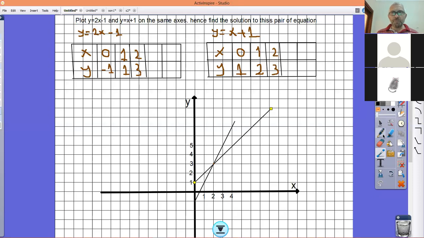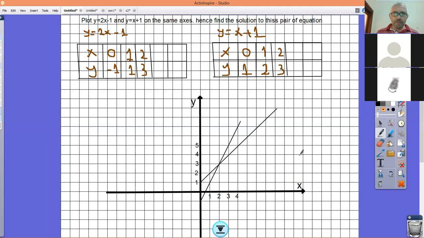It's very simple. The solution is here. This point is the solution. The red one, 2 and 3, is the solution for this simultaneous equation. From here I found 2, from here 3. Do you see? Yes.